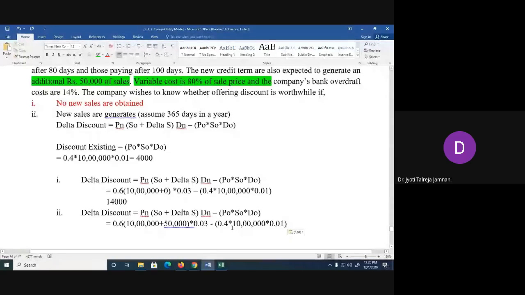Now we need 60% of 10 lakh 50,000, which is 6 lakh 30,000, into 0.03, which comes to 18,900, minus 4,000 old discount. So it comes to 14,900.